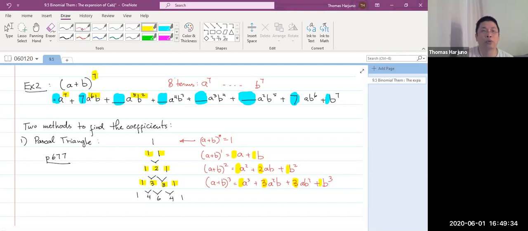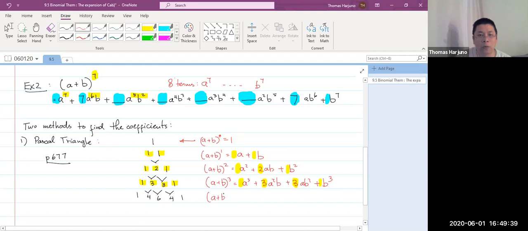Now suppose we have not done the expansion for a plus b to the 4, but we have the coefficients already. We also know that because n equals 4, there should be 5 terms, starting from a to the 4 all the way down to b to the 4. So it will be a to the 4 plus 4a cubed b.